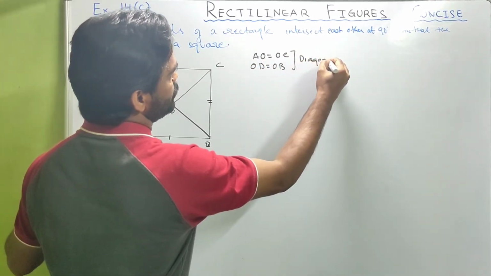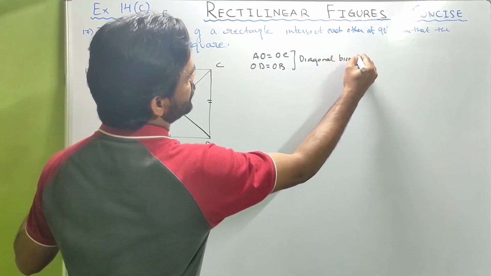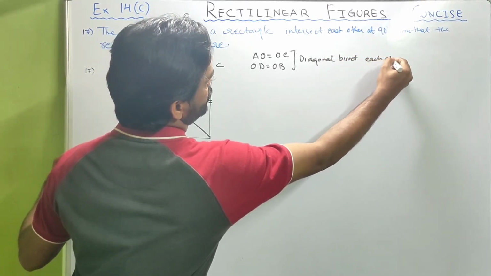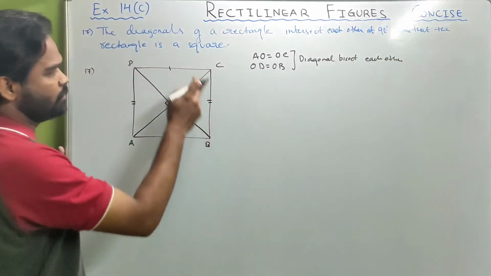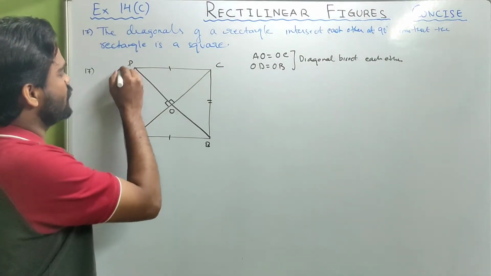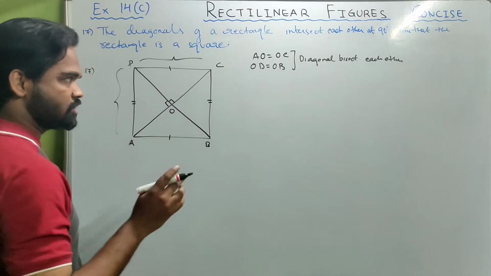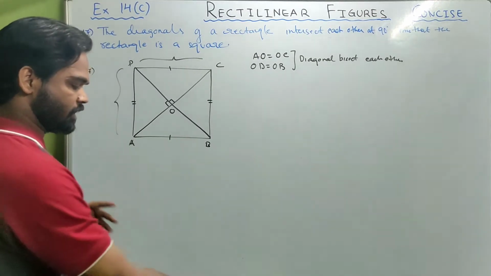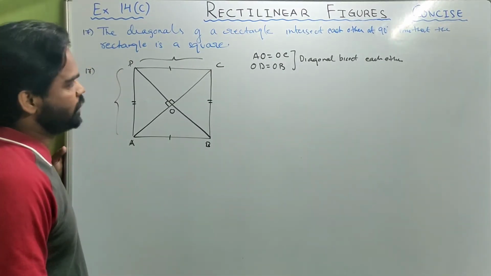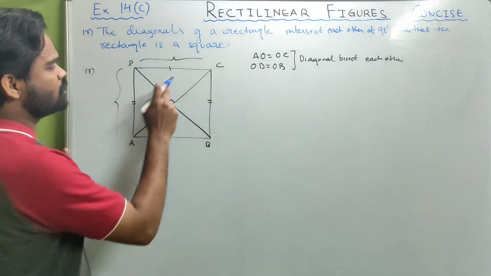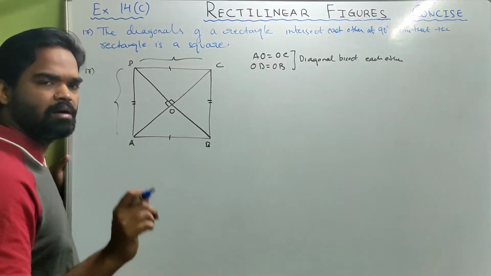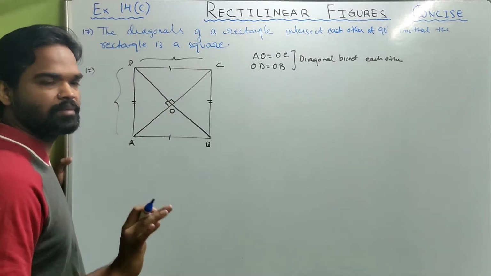We need to prove that ABCD is a square. If you can show that AD and CD are equal, our work is done. The adjacent sides are equal, then the rectangle transforms into a square. Just prove that these two triangles are congruent.